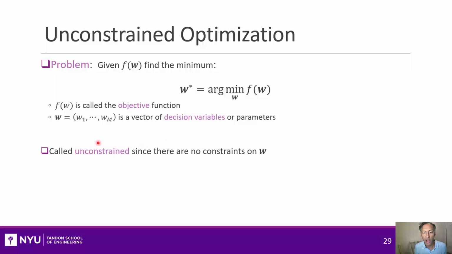This is called an unconstrained problem because, at least the way it's formulated here, you're allowed to pick any w you want. We will talk about constrained optimization briefly in the next unit, but it requires us to develop a little bit more math. So for this unit, we'll just be talking about the unconstrained case.